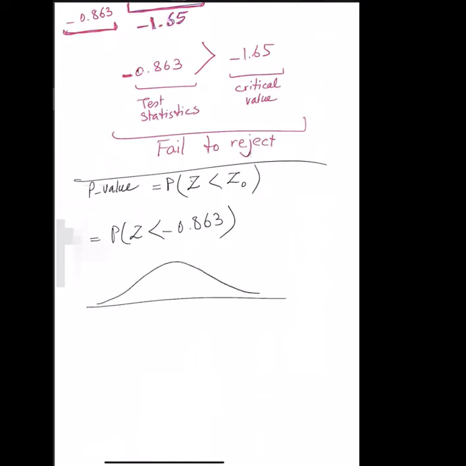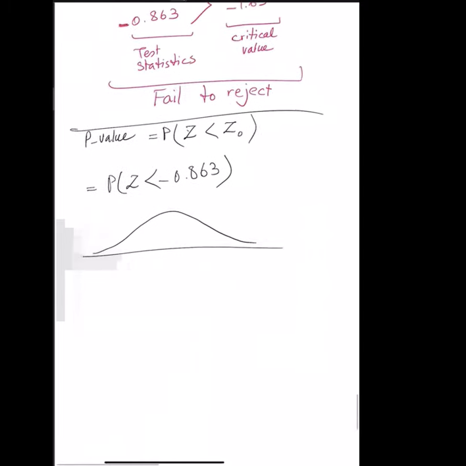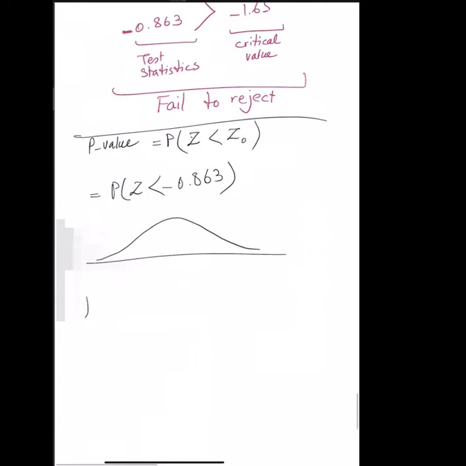So this is our test. H0 is p equals 0.6 and H1 is p is less than 0.6.